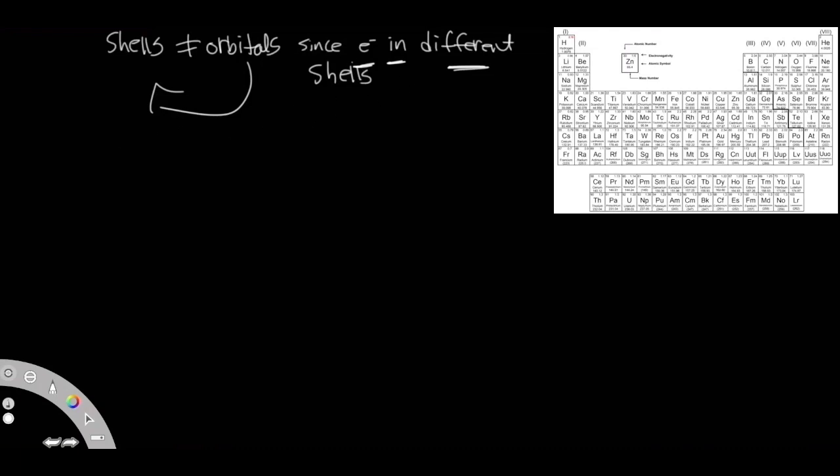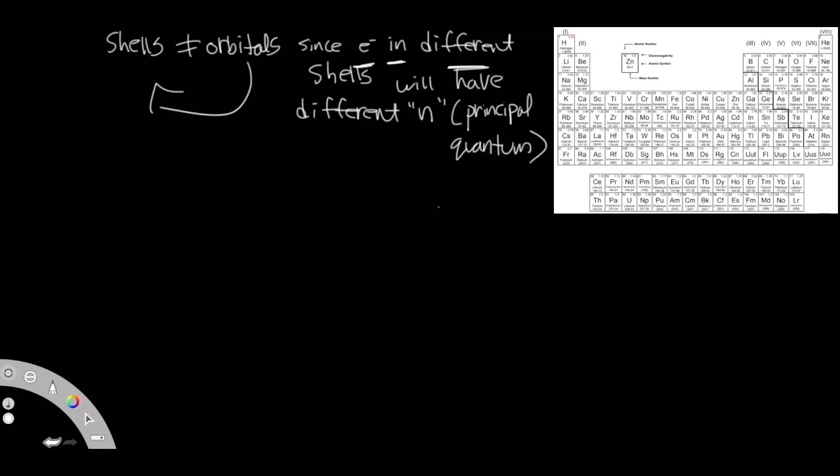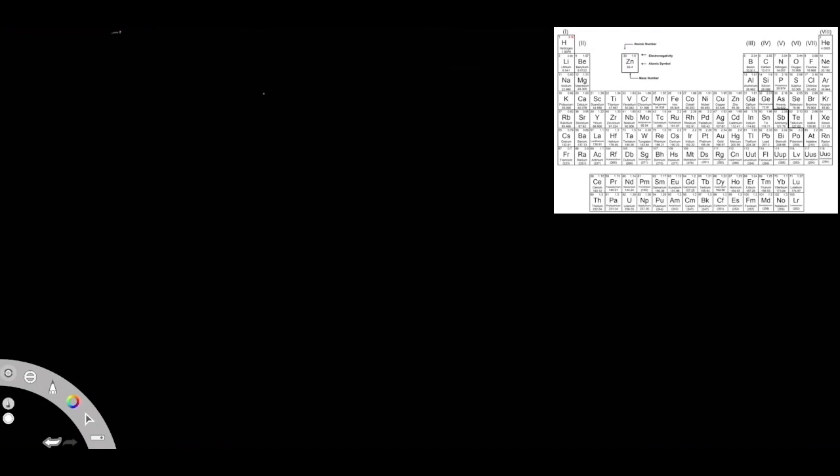In order to continue this thought, electrons in different shells will have different n, or principal quantum number. It's important to distinguish that. Let me show you with a few examples. Our first example, let's look at our first shell. In our first shell, this has one orbital.